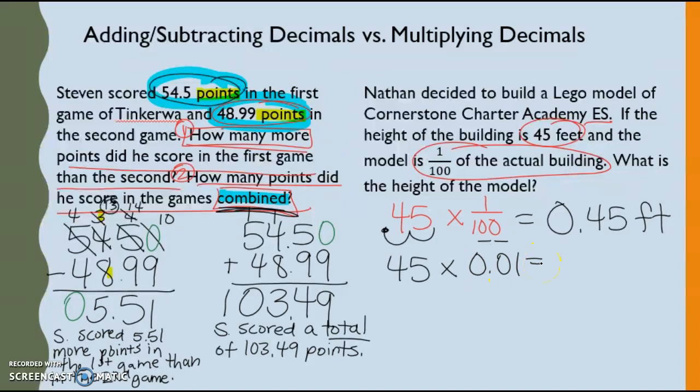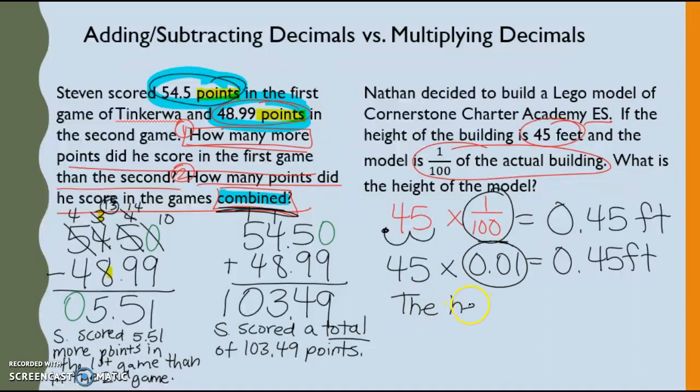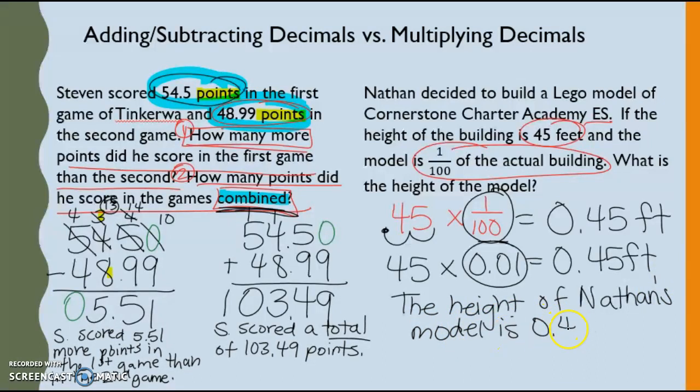You need to understand how this looks in both forms. 1/100th written as a fraction and 1/100th written as a decimal. They are the same thing. So we would answer the question, the height of Nathan's model is 0.45 or 45/100ths.